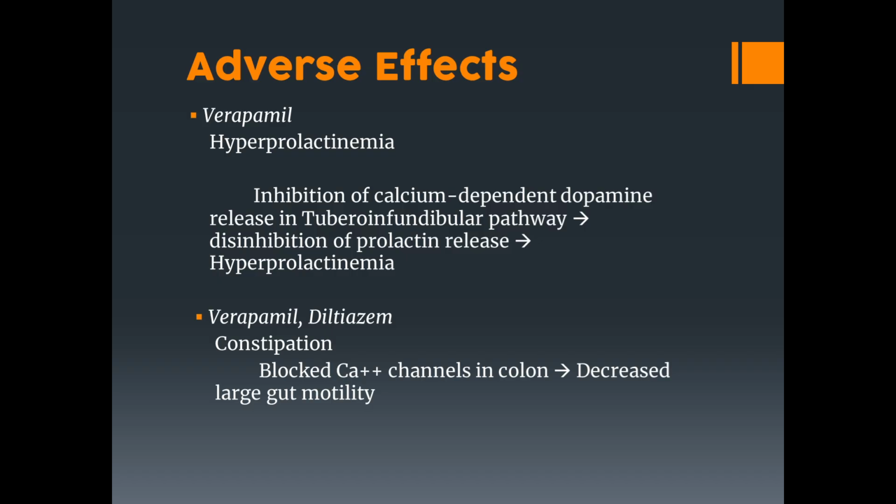Tuberoinfundibular pathway is associated with the release of dopamine from hypothalamus to pituitary, and it is involved in the inhibition of prolactin release from the pituitary gland. Now, because verapamil inhibits the calcium channels in this pathway, the prolactin release is disinhibited, meaning that prolactin will be released from the pituitary, and it will cause hyperprolactinemia.